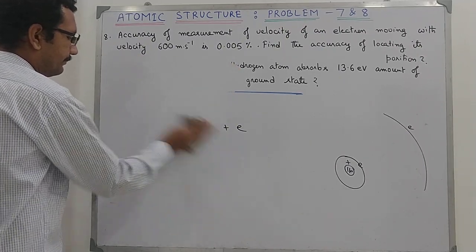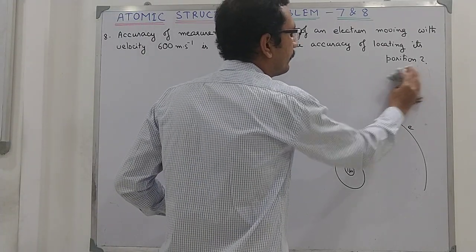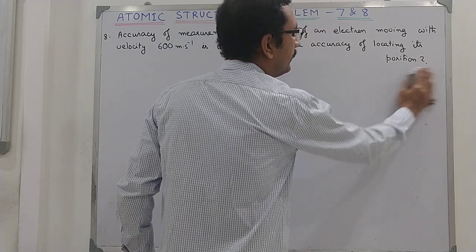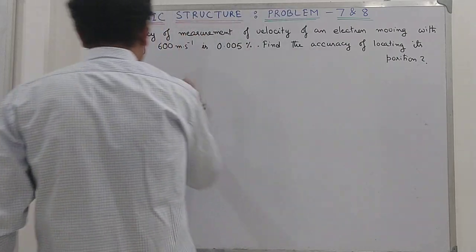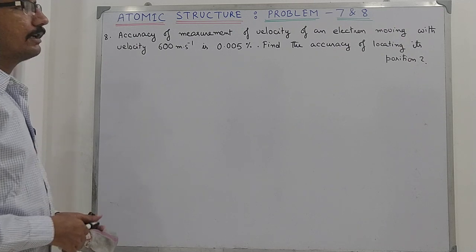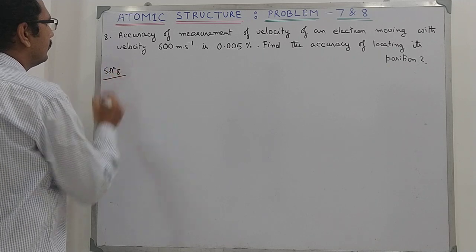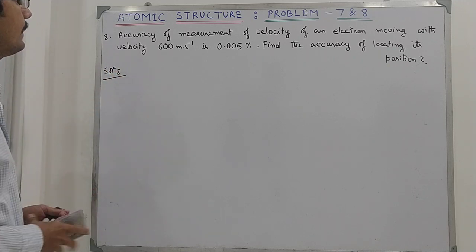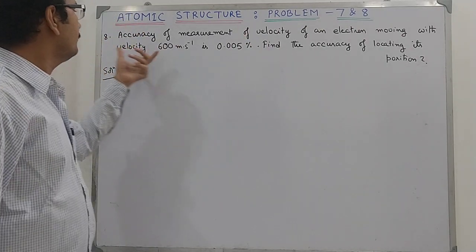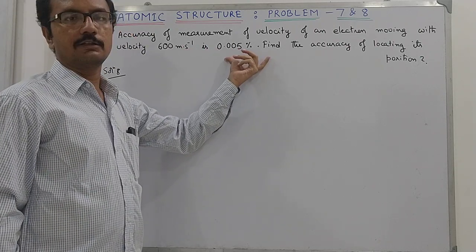Now we come to problem 8. In problem 8, a problem is given which has its answer within the Heisenberg uncertainty principle. The problem is: the accuracy of measurement of velocity of an electron moving with velocity 600 meter per second is 0.005%.